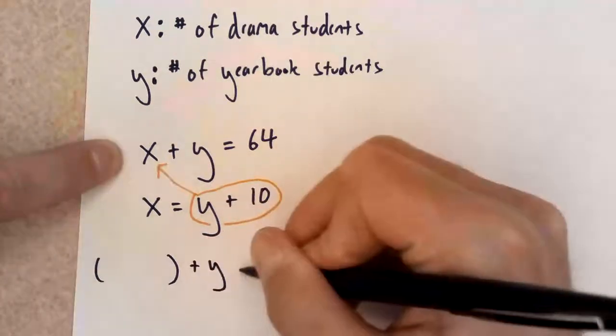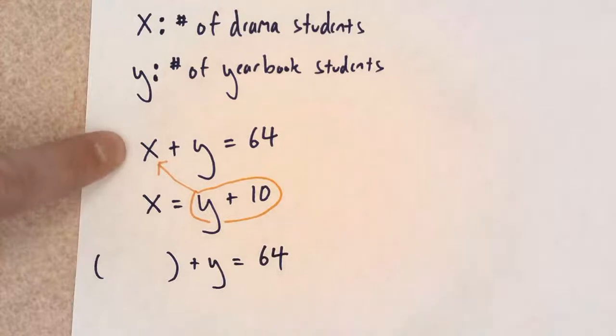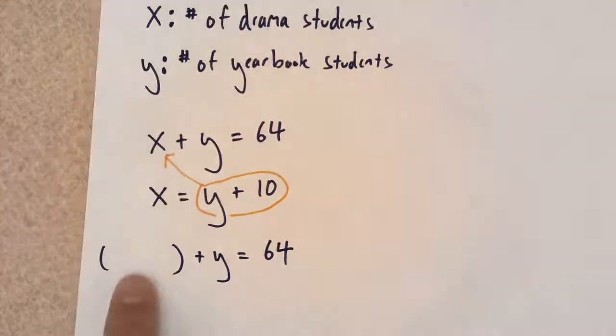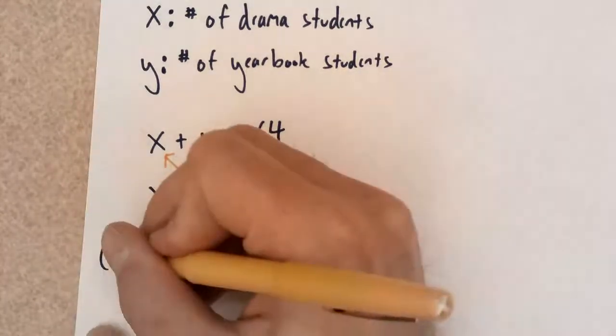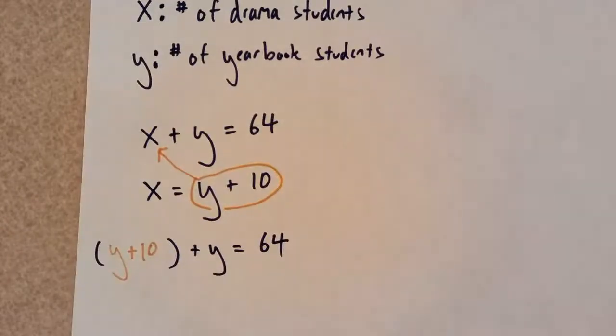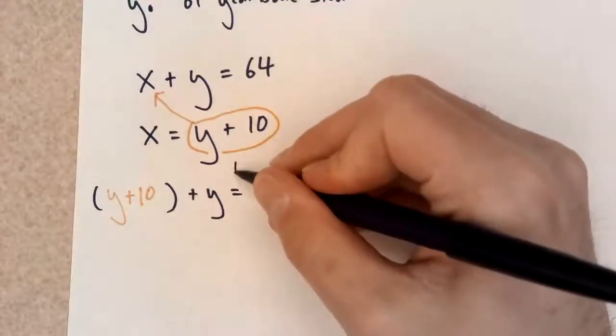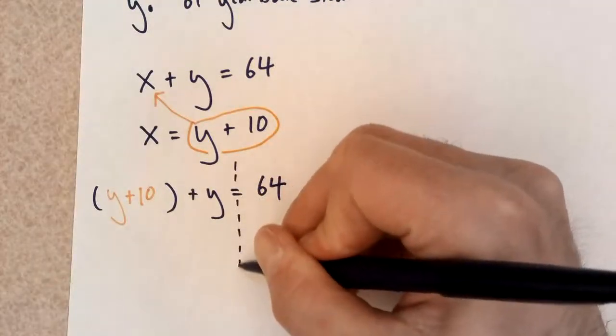I just copy down this equation, and instead of X, I'm going to use Y plus 10. All right. Now I just need to combine like terms and solve this equation.